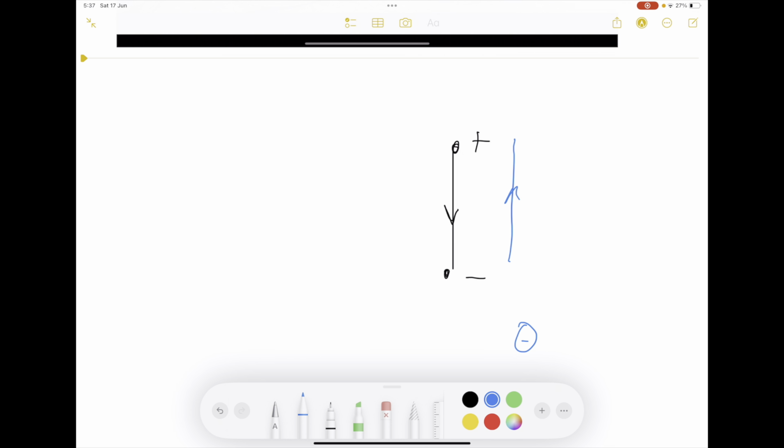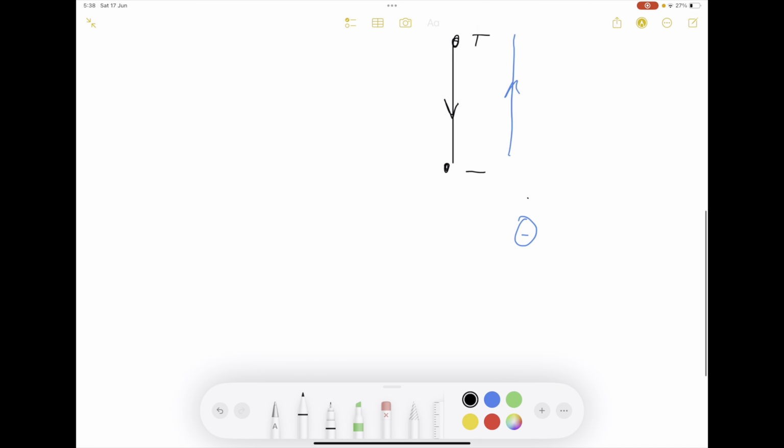So now we know when an electron is exposed to a magnetic field, let's say this is a magnetic field B, then it feels no force if it's stationary.